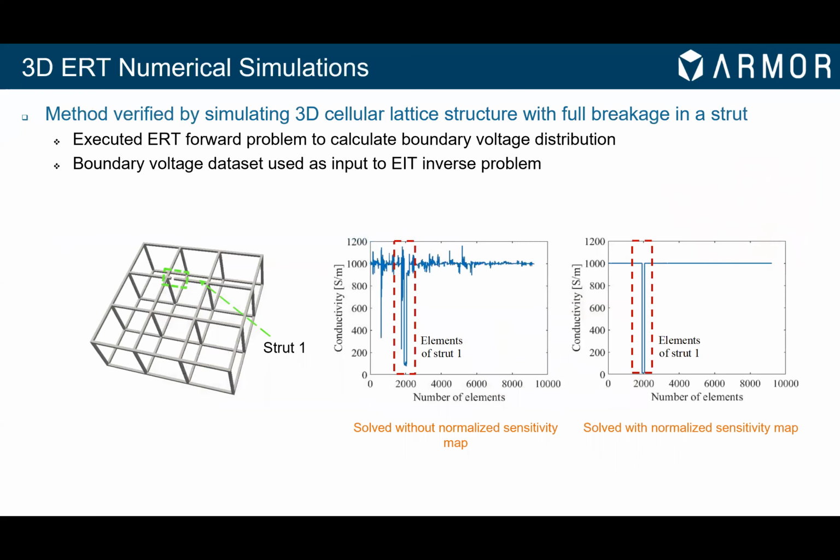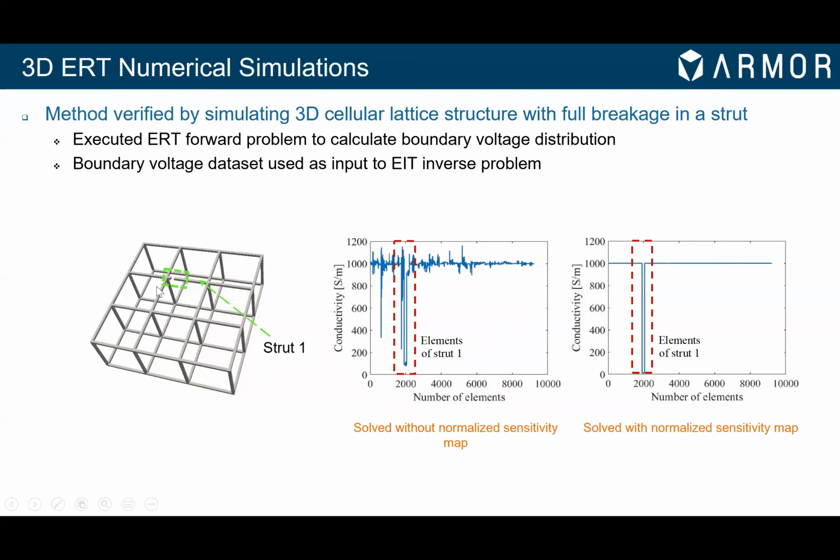So to examine how the normalized sensitivity map compares with a conventional 3D ERT algorithm, we considered, again, our generic cellular lattice structure, in this case with a single damaged location, which is a full breakage at this particular strut, which we're calling strut number 1.